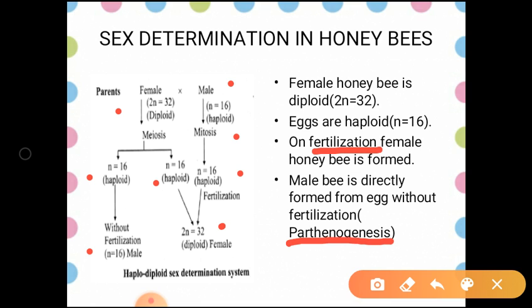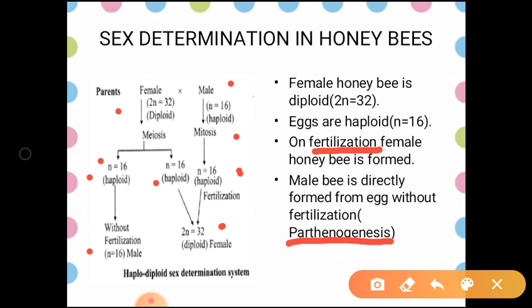Is it clear? In honeybee, female is diploid, 2n has 32 chromosomes, male is haploid, n is equal to 16 chromosomes. The egg mother cell is diploid, undergoing meiosis or reduction division and forming the egg, n is equal to 16 chromosomes. As the male is haploid, by mitosis sperms are produced, male gametes, n is equal to 16.